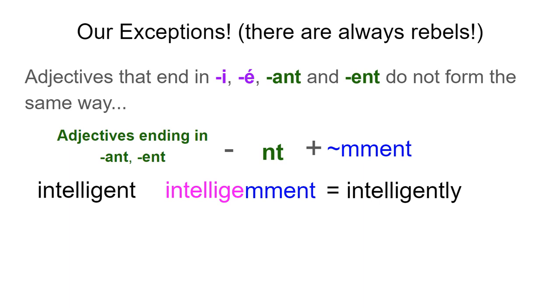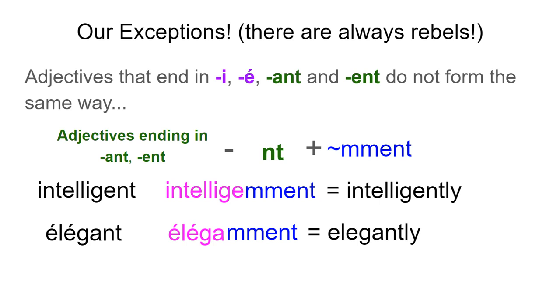Okay, and another one that ends in ANT this time to give you an example. Élégant. I'm going to go ahead and chop off that NT, so that's what we're left with. Add MENT, élégamment, which is the equivalent to our English elegantly. So those exceptions are what are going to get you when you do the assignments for this week.